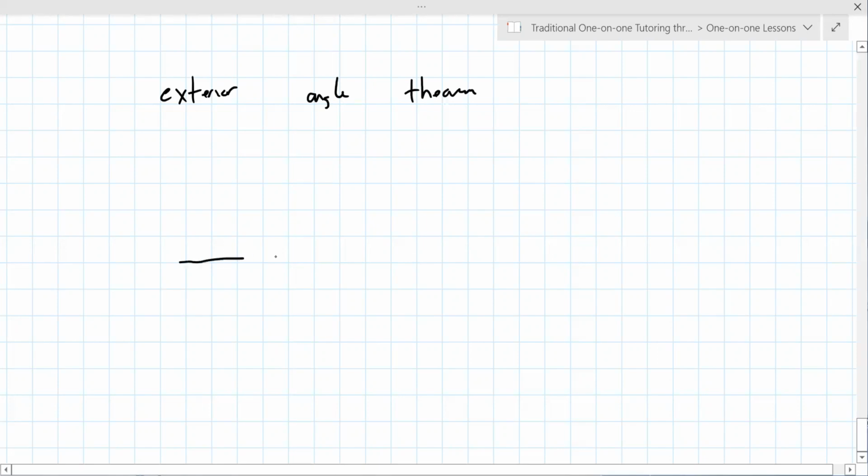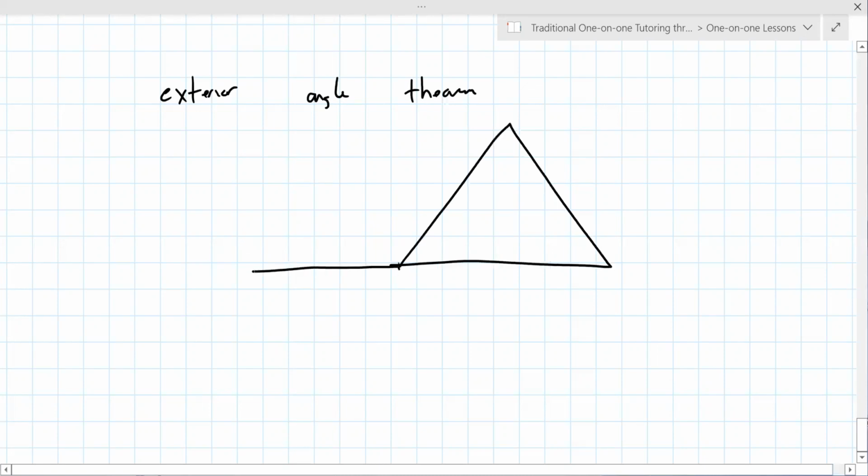So the way this works is imagine you have a triangle like this, and you have an exterior angle over here. We're going to call this X. And you have two interior angles, A and B. X equals A plus B.